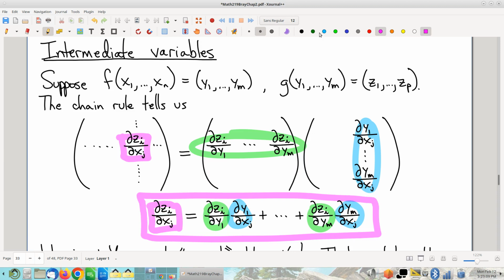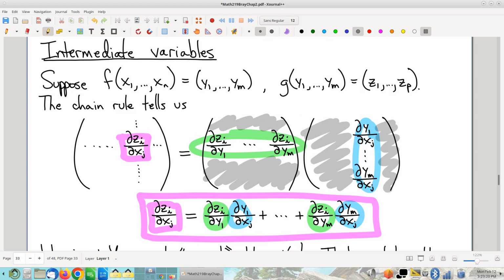Notice there's no unnecessary stuff in here. I didn't use these elements here or there at all. So why bother writing down these entire matrices if you only need just this little bit? Okay, so it has its moments.